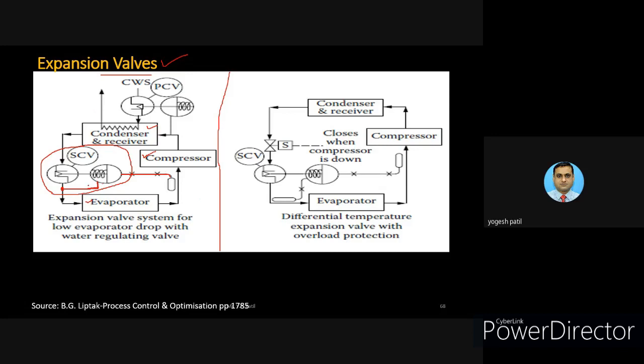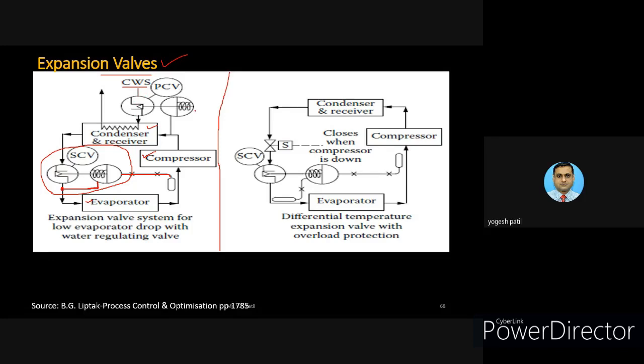So this is general. I can highlight this particular valve to you, and this can be its notation. It can be mentioned as expansion valve. And on the cooling tower side also, you can see one more valve connected to the cooling water system, this particular CWS. In that inlet line from the cooling water tower, one more valve is there on the top side to regulate the coolant flow rate.